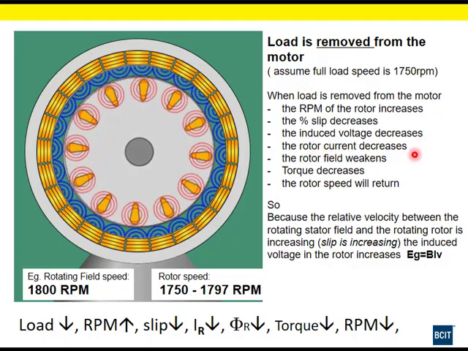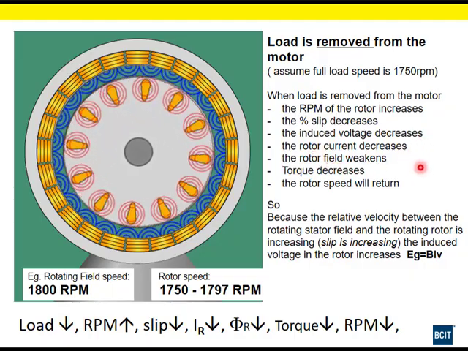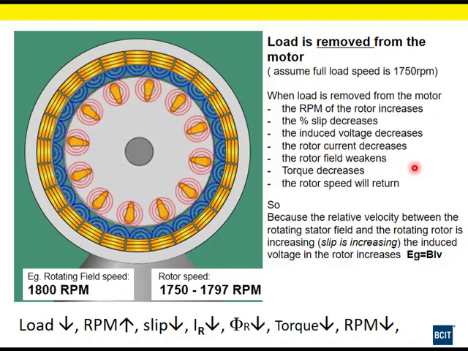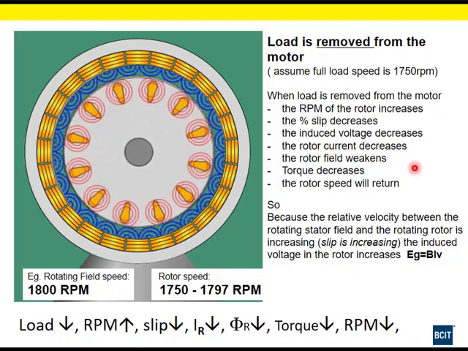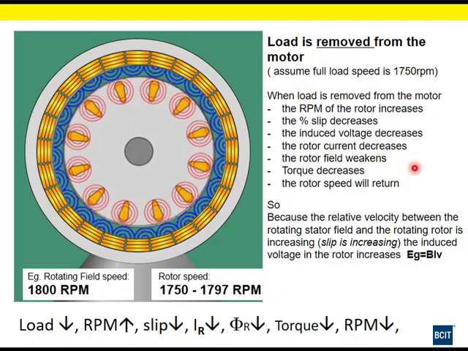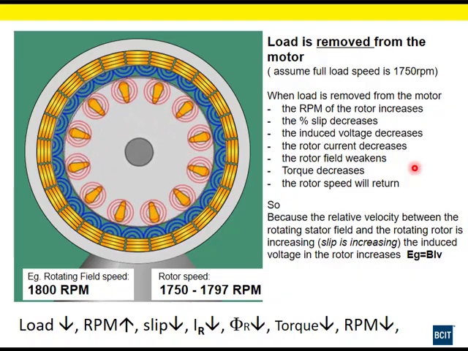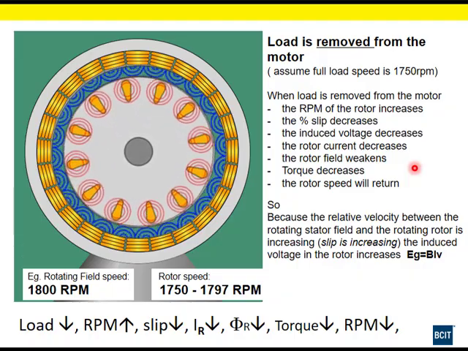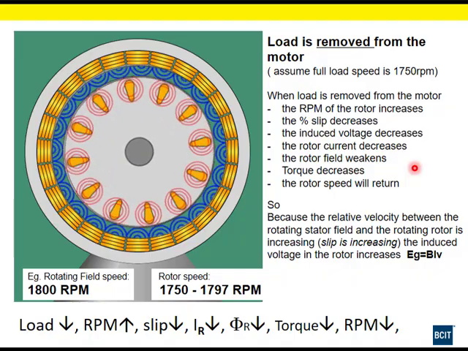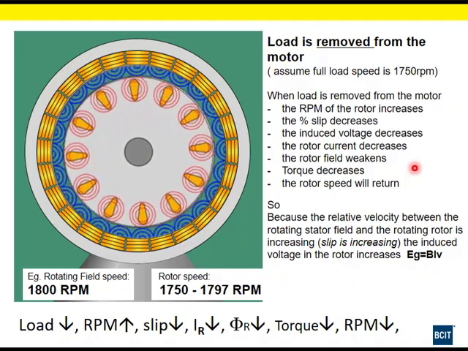The current is going to decrease in the rotor. The field is going to weaken. The torque decreases. The rotor speed will return to the no load speed. Okay, again, this has to do with the relative velocity between the rotating stator field and the rotating rotor.